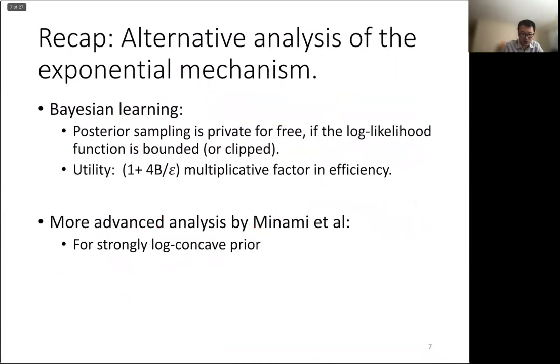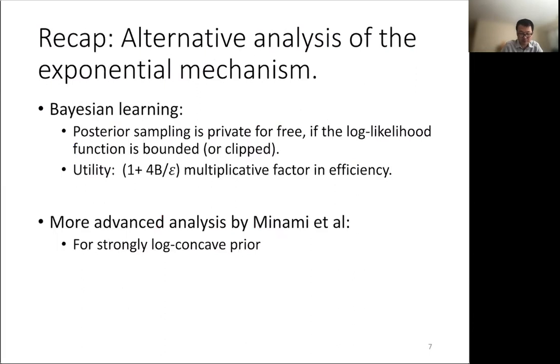And then we talked about the exponential mechanism. So we said that suppose we derive the learning algorithms through the Bayesian philosophy, then we sample from a posterior distribution. This is effectively running the exponential mechanism, and then we can come up with an asymptotic analysis by tapping into the large body of statistical literature and show that in this setting, when the loss function is bounded, we can achieve a little bit of blow up of the asymptotic efficiency, and otherwise this algorithm is the same, and it gives a high utility and consistent learning at the same time.